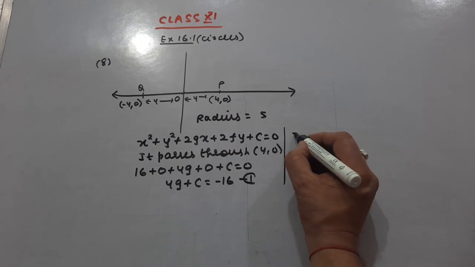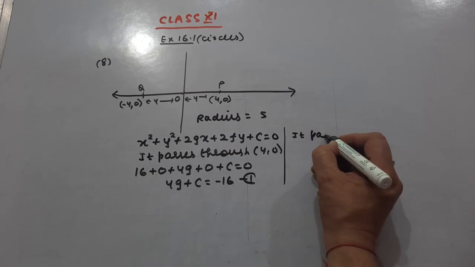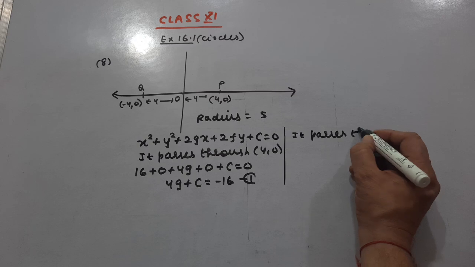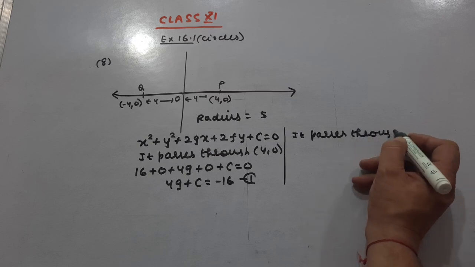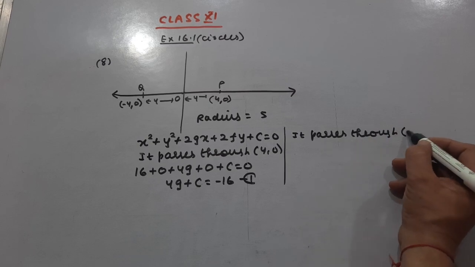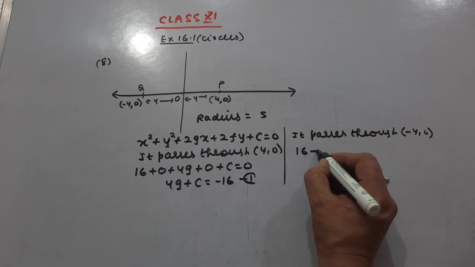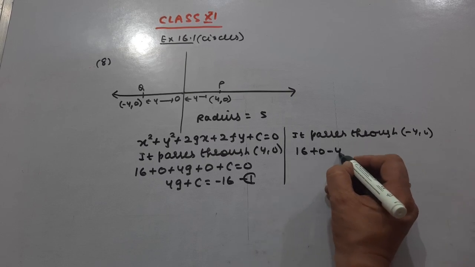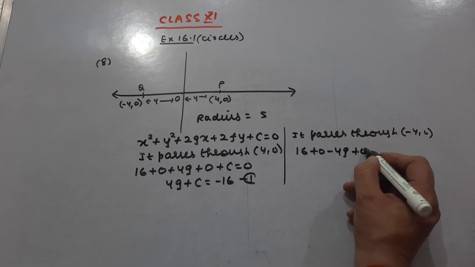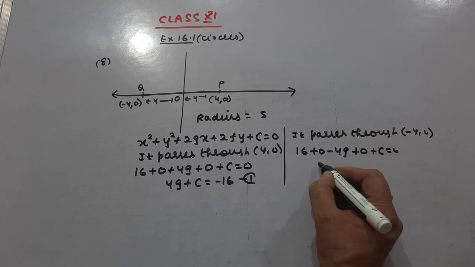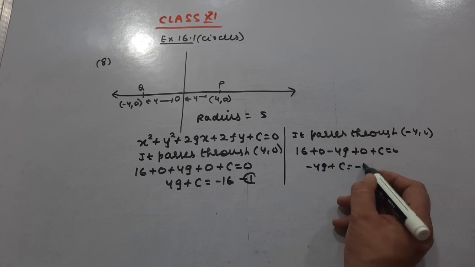Similarly, it passes through minus 4, 0. So we get 16 plus 0 minus 4g plus 0 plus c equal to 0. So minus 4g plus c equal to minus 16.